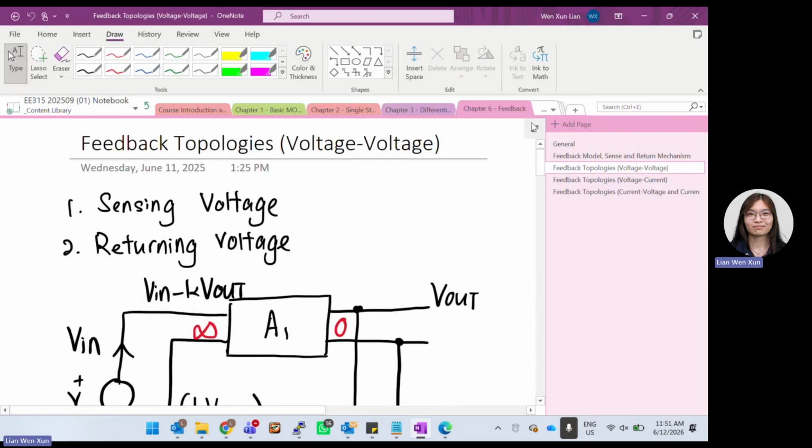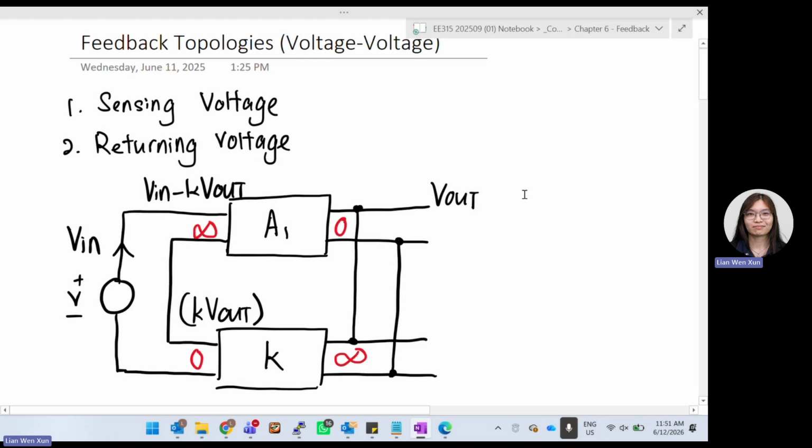Okay, so how do we actually name that? We say that a feedback network generally, you don't see these two parts first. Generally, we got A, we got K. So the first thing we draw usually is just the A, the block A with two lines input, two lines output. Then we will have the feedback K, again two lines input, two lines output.